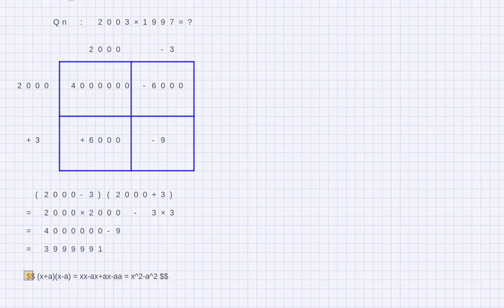And this here is the algebra rule: x plus a times x minus a, x times x, minus ax plus ax, minus a squared. The ax and the minus ax cancel, and we get x squared minus a squared, which is what we've done here. So it can be useful for little tricks. This is a nice one. Okay.